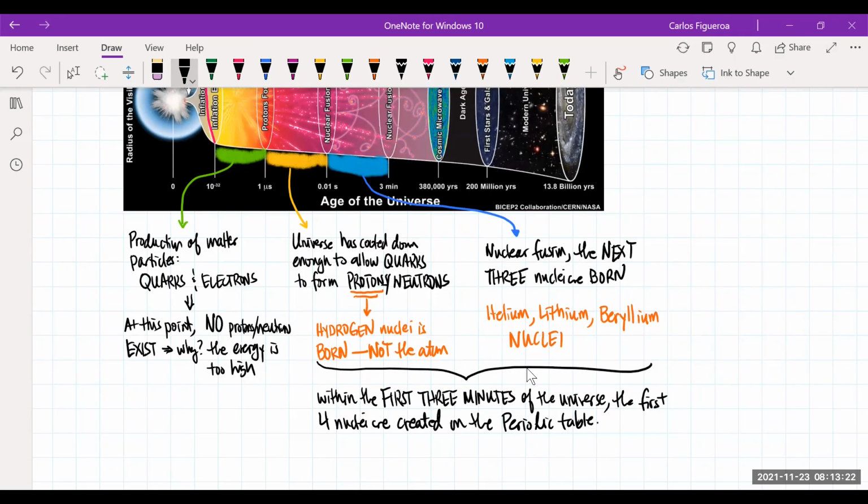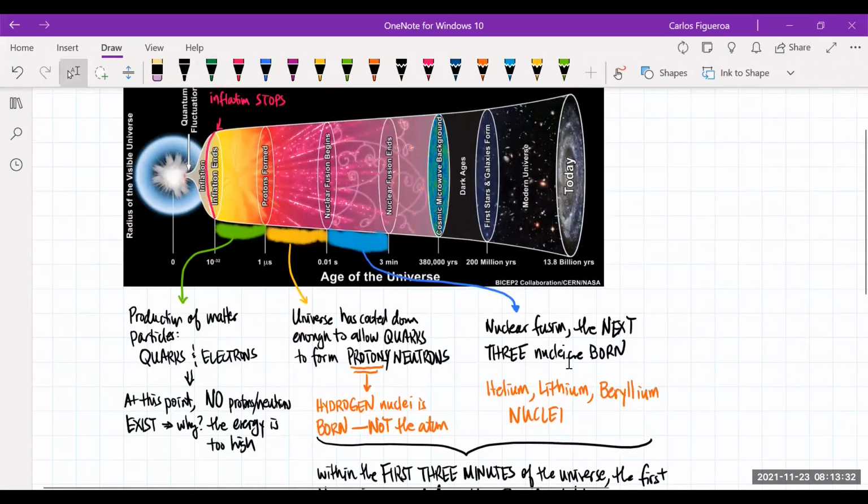Electrons are secondary. So the first 3 minutes, you create the first four nuclei. And then we come to the next stage.